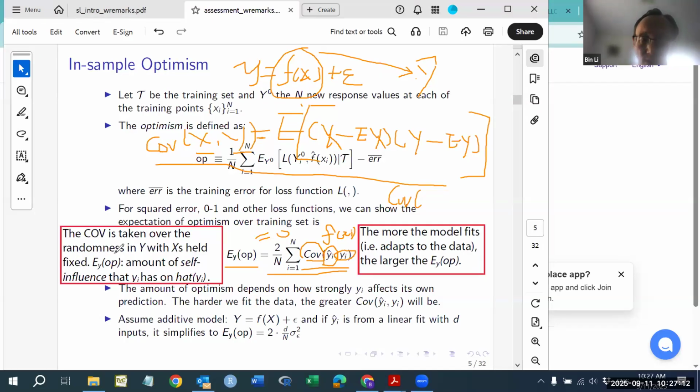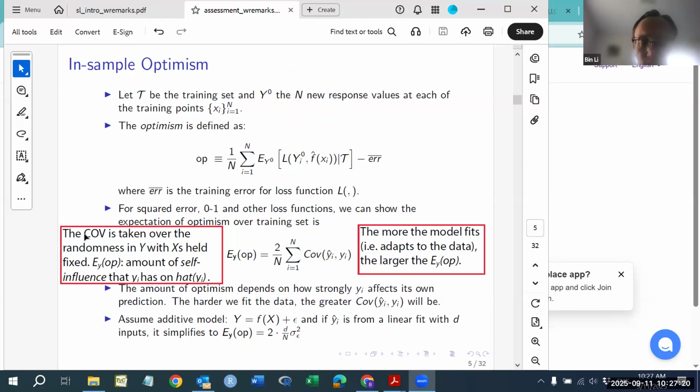Okay, but in reality, most likely we cannot get 0, right? So the covariance is taken over the randomness of y with x held fixed, and the expected value of the optimism is the amount of self-influence that yi has on yi hat.